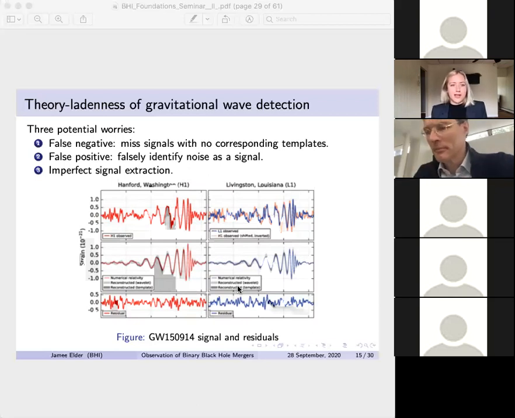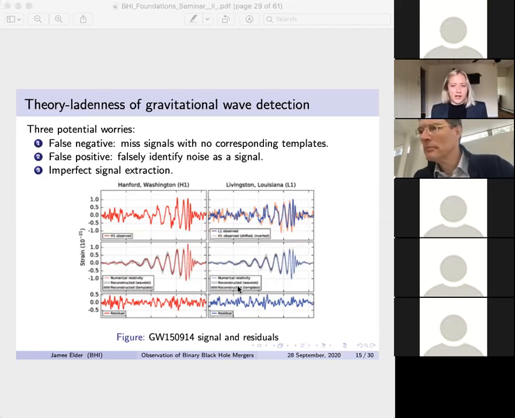And also that LIGO does in fact have an unmodeled search pipeline. So it's hard to assess what might be being missed. And of course, if anything is being missed, then this would potentially be very interesting things being missed.